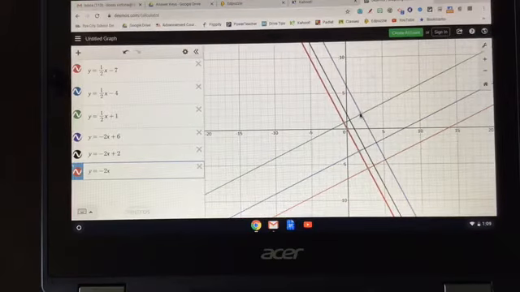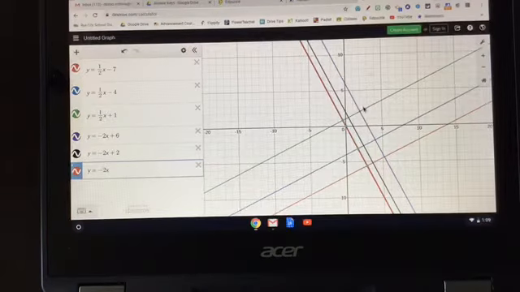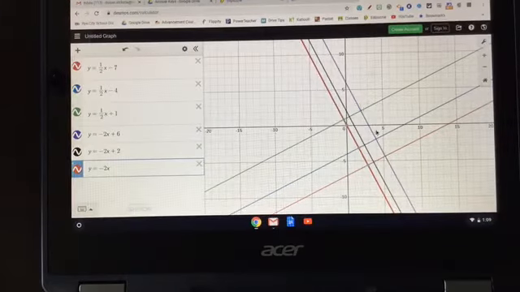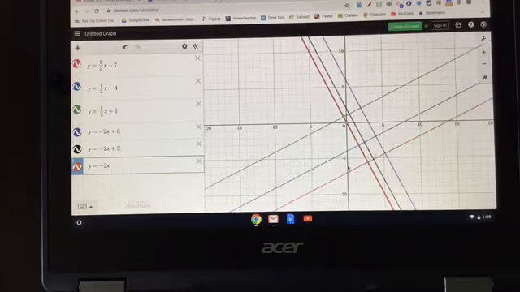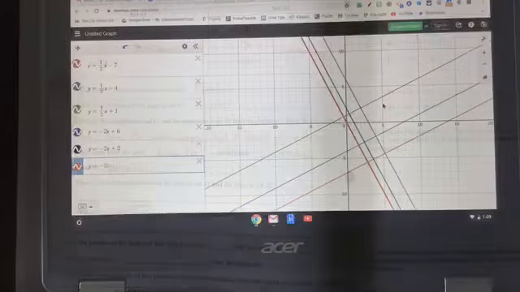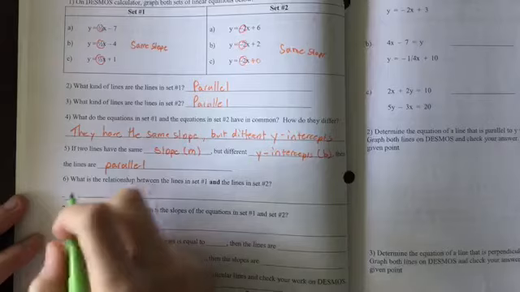And it has to do with the way they intersect. That each one of these lines, when a line from the first set intersects with a line from the second set, they create a 90-degree angle. And that's what our definition of perpendicular is. Two lines that intersect to form a 90-degree angle, or a right angle. So like we said, what is the relationship between the lines in set 1 and set 2?